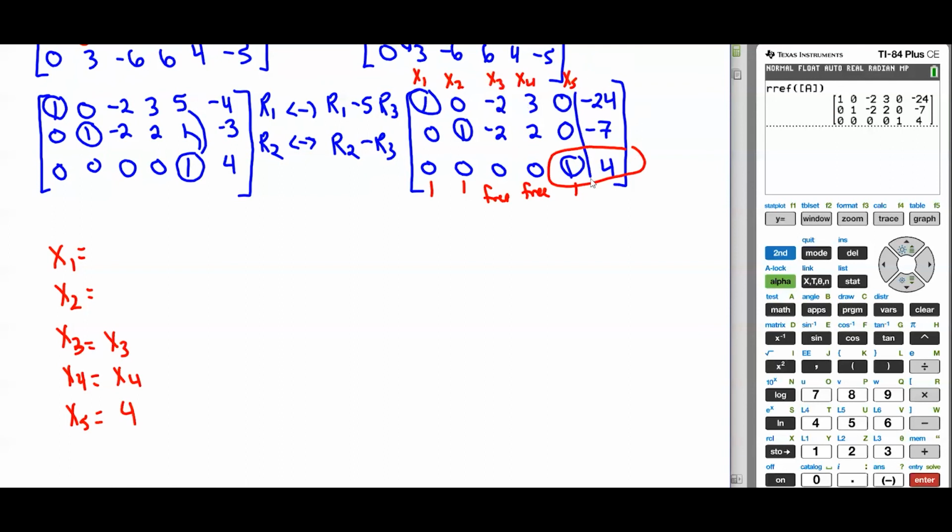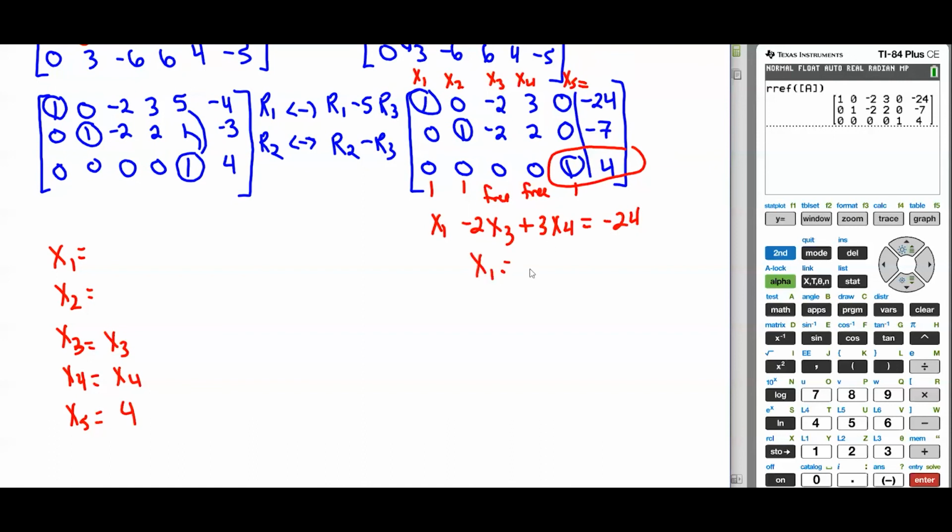Remember, this augmentation line is acting as the equation symbol in these equations. So just for example, the first equation is x1 minus 2x3 plus 3x4 equals negative 24. And we just want to solve this for x1.